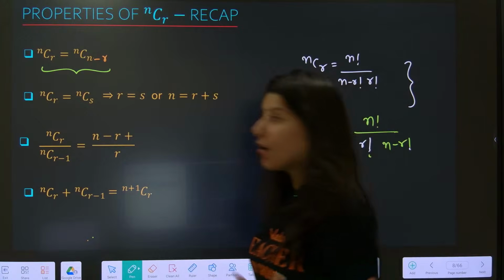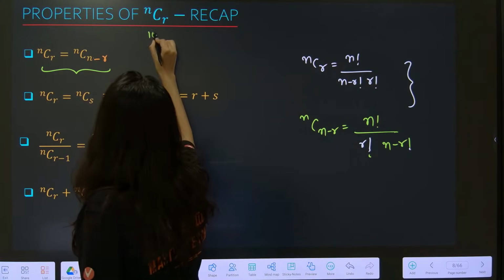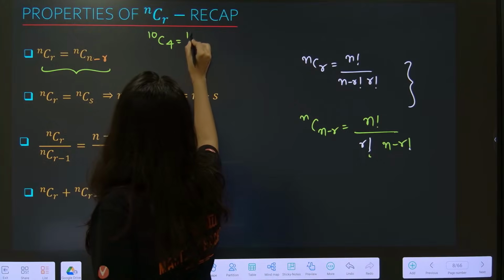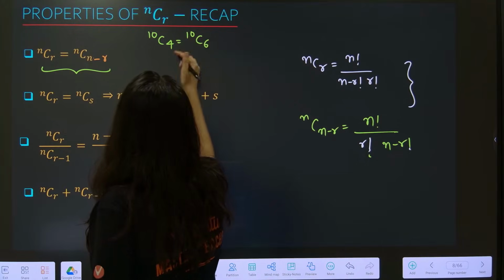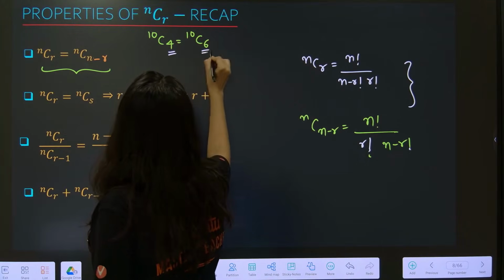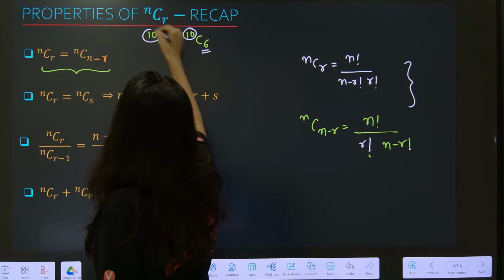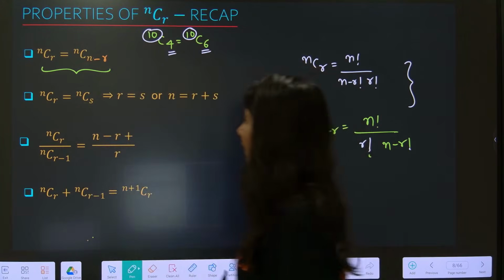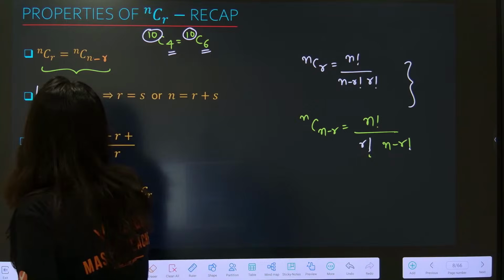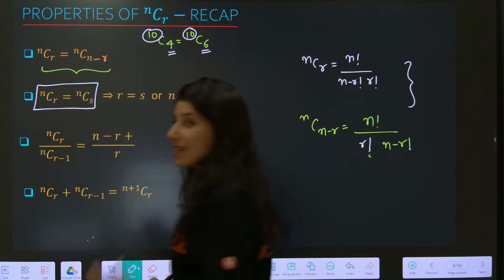That's the first thing. Now, understand. Suppose 10C4 is equal to 10C6. Basically, this 4 and 6 should give you 10. So if NCR is equal to NCS, what does that mean?